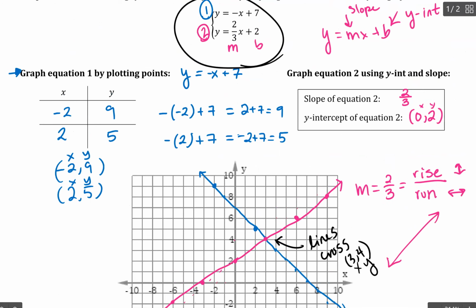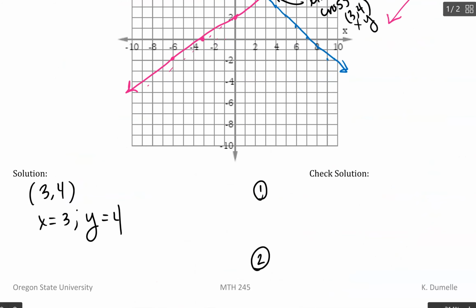So when I say that, I mean to take equation 1 and plug in the value of 3 for x and 4 for y. So we get 4 is equal to -3 plus 7. And I put a question mark because I'm checking, so I want to see is it true. And it is true. 4 does equal 4, so that's true.